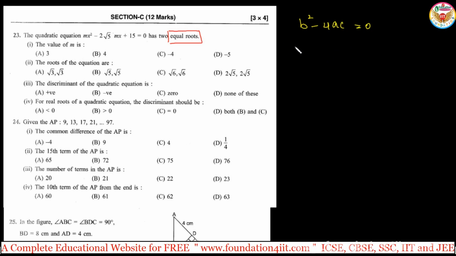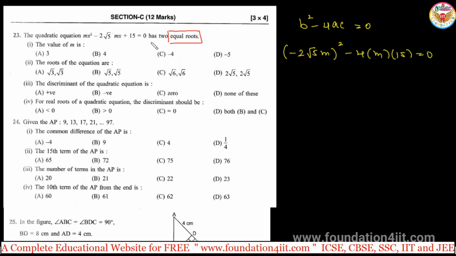As per the rule, a is the x square coefficient m, b is the x coefficient and c is the constant. So b square, minus 2 root 5 m, is the x coefficient squared, minus 4 into a, the x square coefficient m, and c is 15, that is equal to 0.